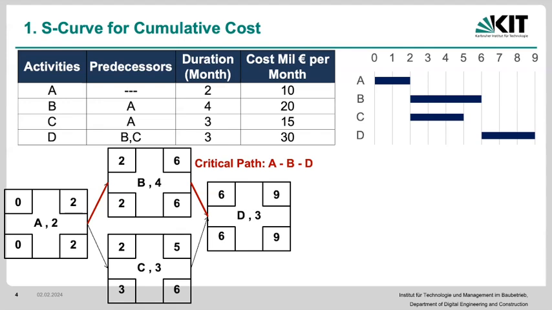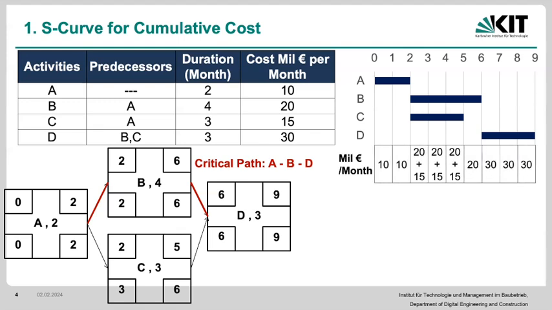Once we have this, then we can build a cost per, let's say, duration, or cost per month in this case, because our units of duration, we talked about it in months, so let's do it that way. Once we want to do it, we can utilize this information from here to see what the cost is going to be. So here, the first part is going to be 10, right? Because the cost of activity A is going to be 10.